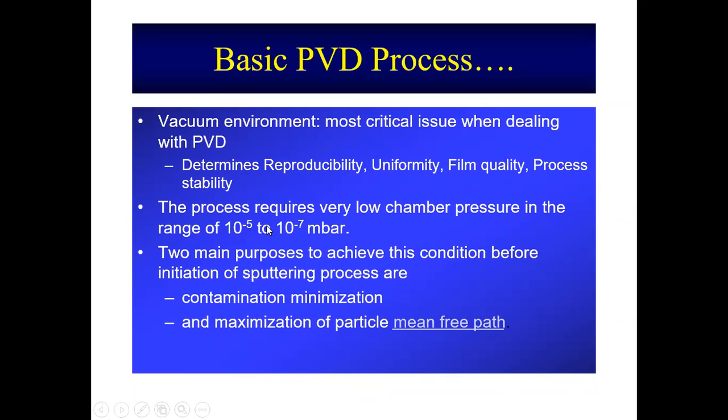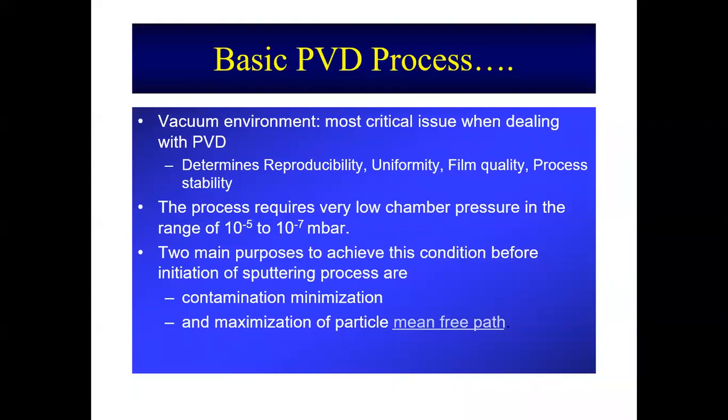And basically the requirement is between 10 to the minus 5 to 10 to the minus 7 millibar. That's very low pressure inside the chamber. Usually when you pull the vacuum in such a PVD system, you have to do it in two stages.